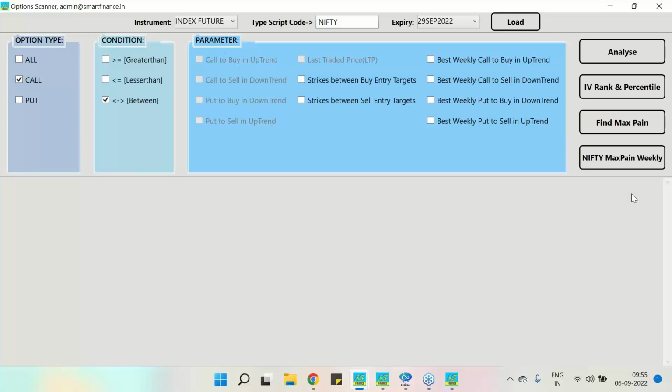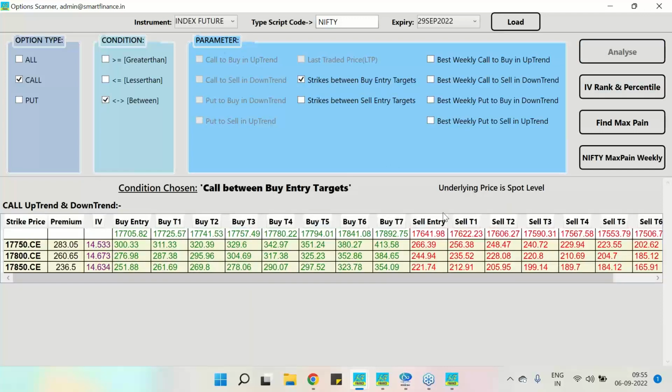I selected the options called between. I am finding strikes between buy entry and targets. So if I am going to buy call options, which options are more appropriate for me today? 17,750 to 850.